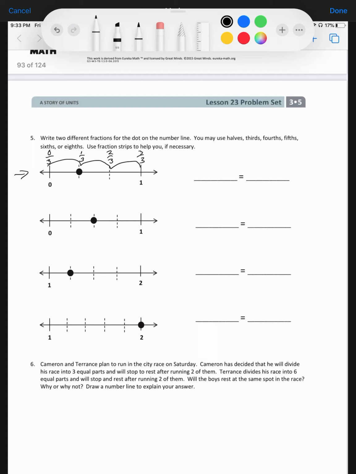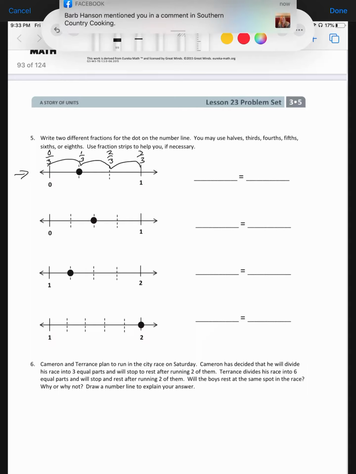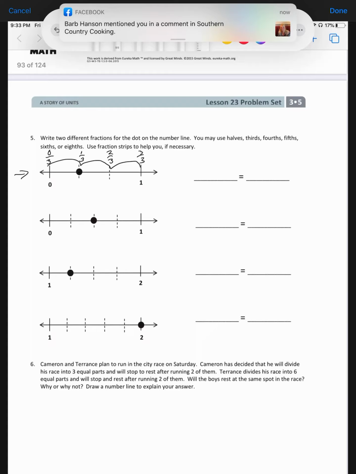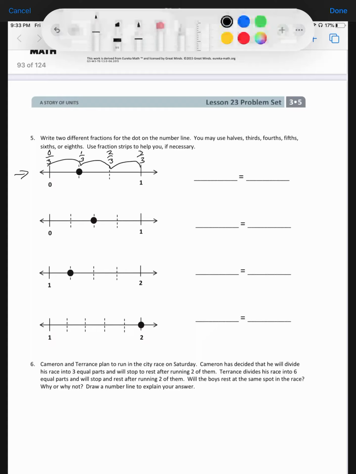They want us to create a fraction that is equivalent to 1 third, which is, you see the dot right there. The easiest way to do that is just to break each third in half to make sixths. So if we just draw a line here and break each third in half, then we have sixths. 1/6, 2/6, 3/6, 4/6, 5/6, 6/6.